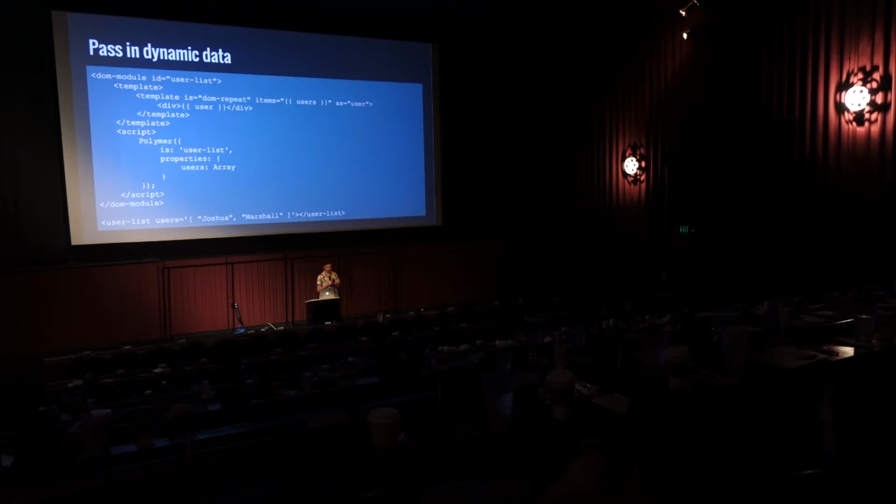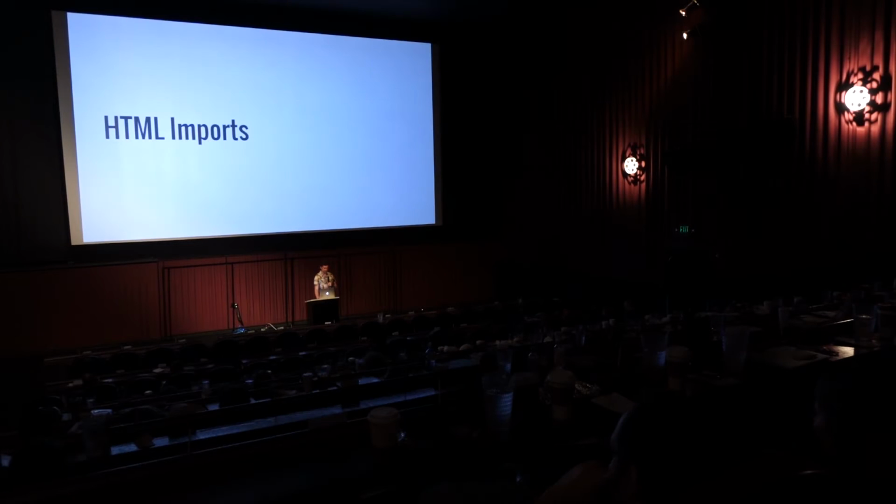So it expects it to be an array. It then takes the array and passes it to the template and does its normal looping. And now we have another way to dynamically pass data to custom components. You can think of a list of repositories that you have to pass, a list of products, whatever you would like. And this data doesn't have to be hard-coded.